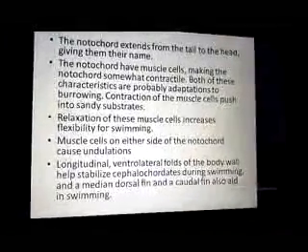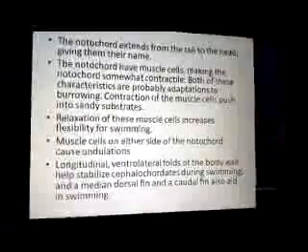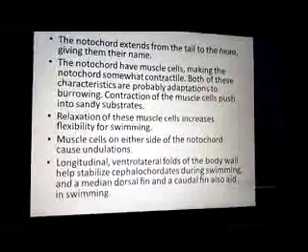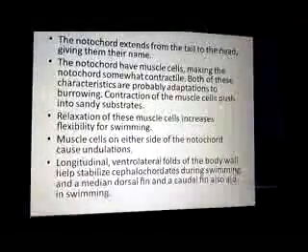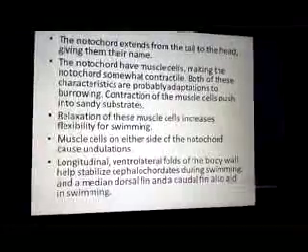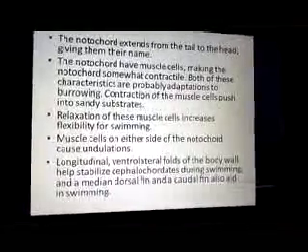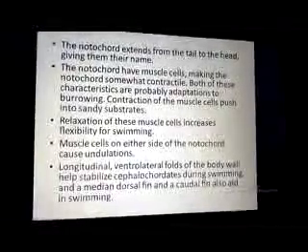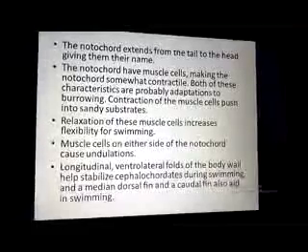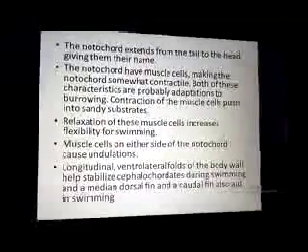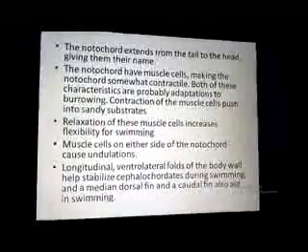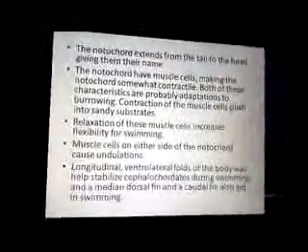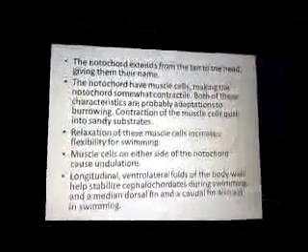Longitudinal ventrolateral folds of the body wall help stabilize cephalochordates during swimming, and the median dorsal fin and caudal fin also aid in swimming. So they have ventrolateral folds of the body wall, dorsal fin, and caudal fin or tail fin. All these help these animals in swimming.